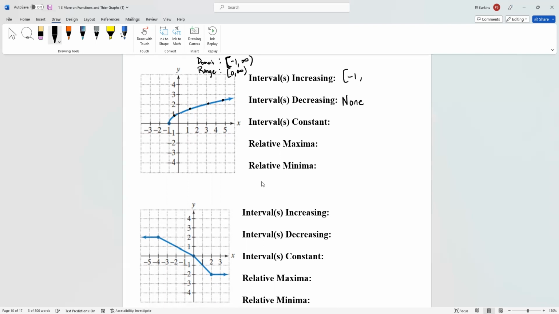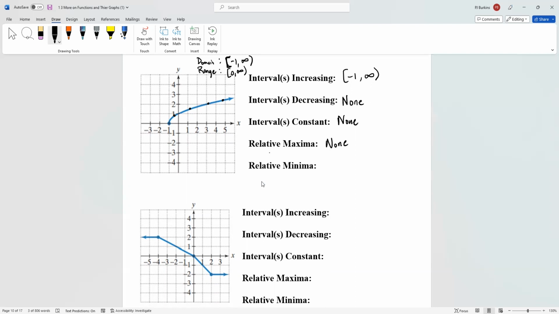It's -1 to infinity. Again, if it's increasing all the time, there is no constant area. And the question is now, do we have a maximum or a minimum? Well, if it's increasing forever, there is no maximum.